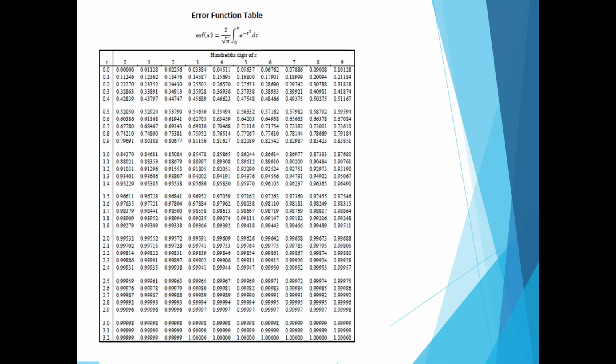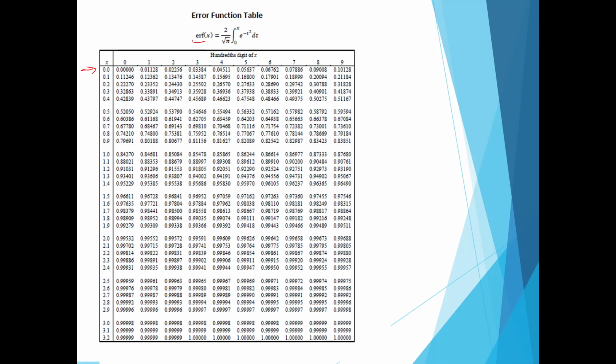Okay, so this is the table. Normally this is the table we give in the final exam, the table for the error function. You see that this is the error function for parameter x, where x goes from 0.00 until 0.09, for example here. The first column is the value of x from 0.0 until 3.2.